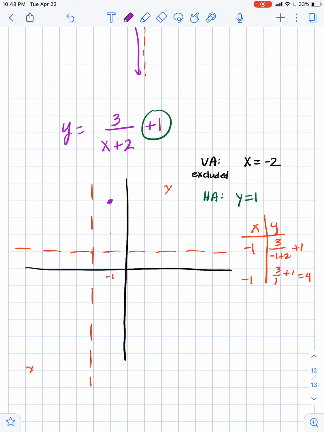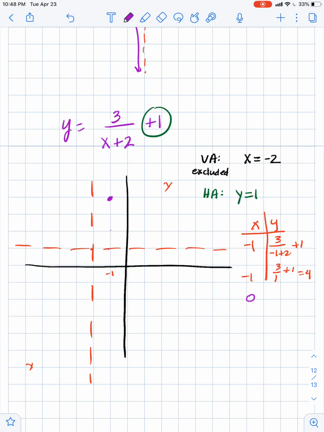Again, I could put in more numbers. I could put in 0. Okay? If I wanted to, so 3 over 0 plus 2 plus 1 would be 3/2 plus 1, which would be 2.5. So at 0, I'm at 2.5. But that gives you enough points that you see what's happening here. And you can come in here and do this. Now it's going to be just the reflection over on the other side.